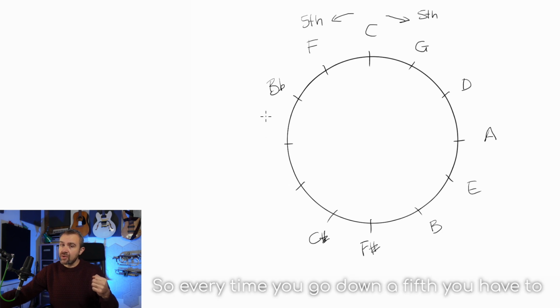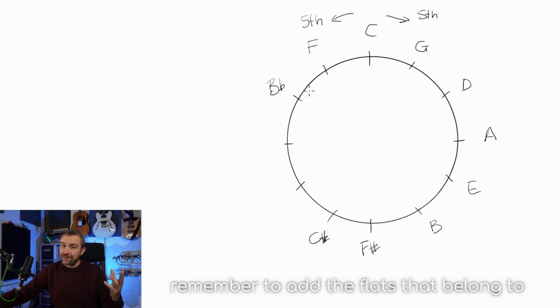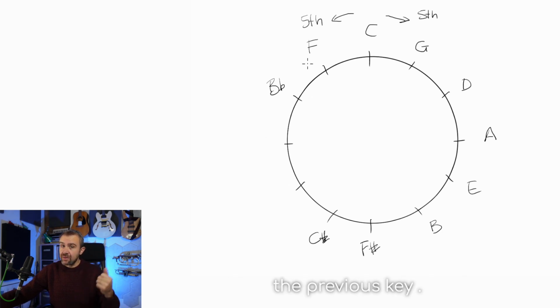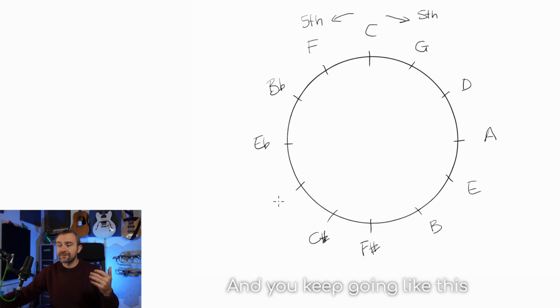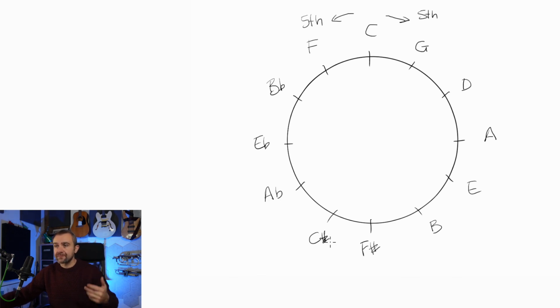So every time you go down a fifth, you have to remember to add the flats that belong to the previous key. So F, E, D, C, B flat, because F has a B flat. And you keep going like this. G flat and C flat.